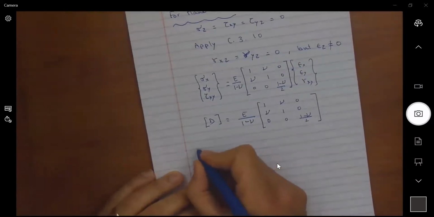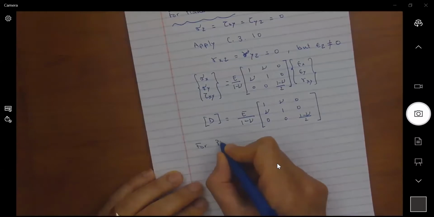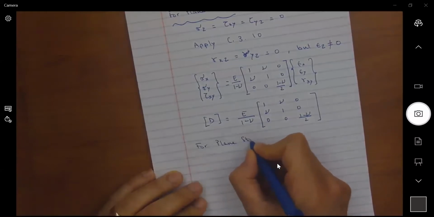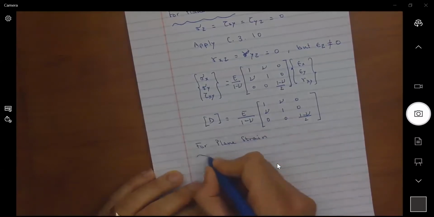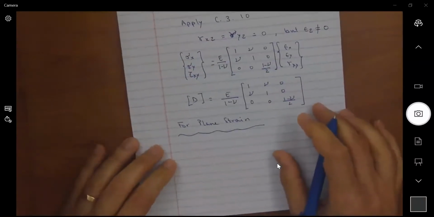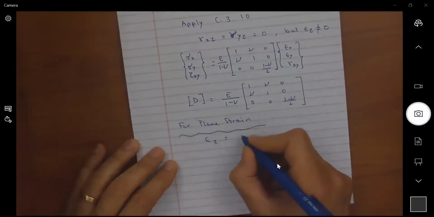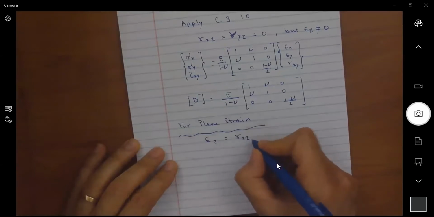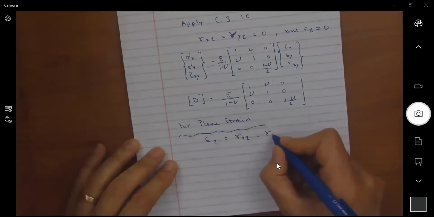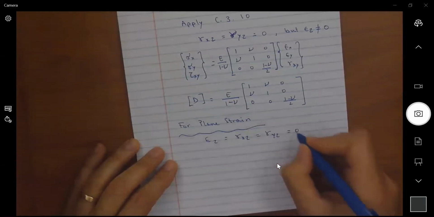For plane strain, we have epsilon z equal to gamma xz equal to gamma yz equal to 0.